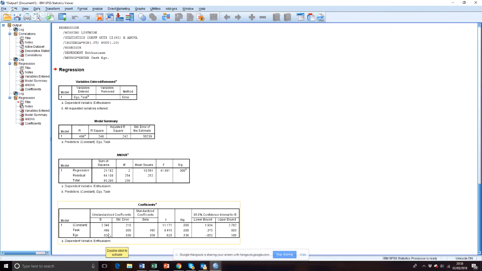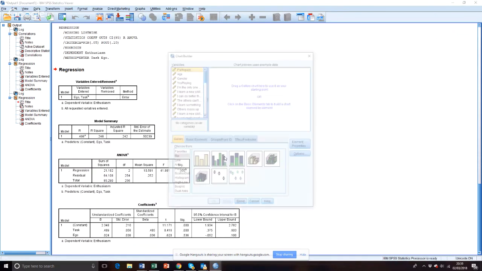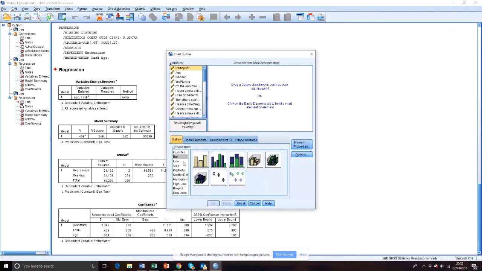So guys, that's simple and multiple regression, and you can do lots of interesting stuff to demonstrate your relationships graphically. You can build a chart, for instance, in Chart Builder.